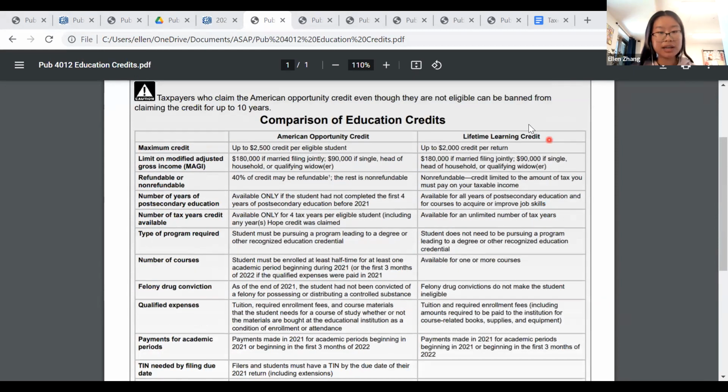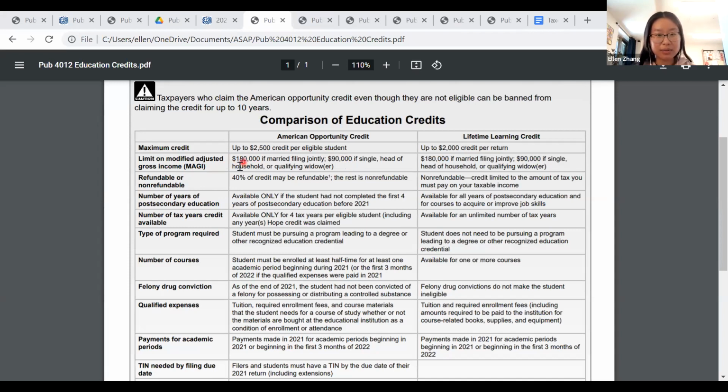So let's go ahead and look at some of the requirements for these credits and just some basic information. We're going to start with the American Opportunity Credit on the left here, which the maximum credit you can get for this is $2,500 per student. But there is an AGI limit, or a MAGI limit, on it.